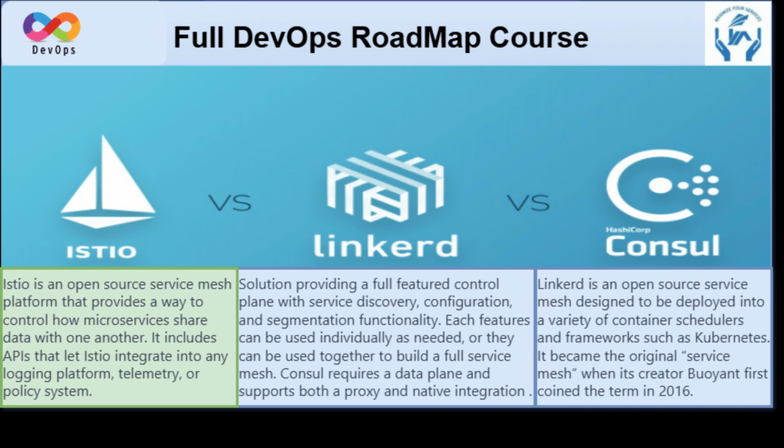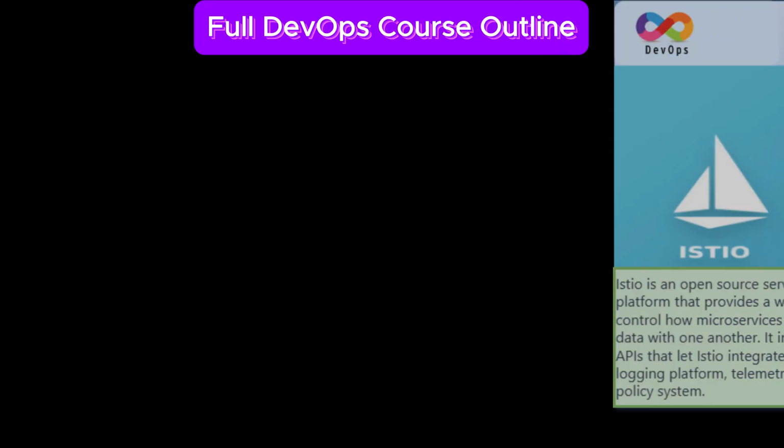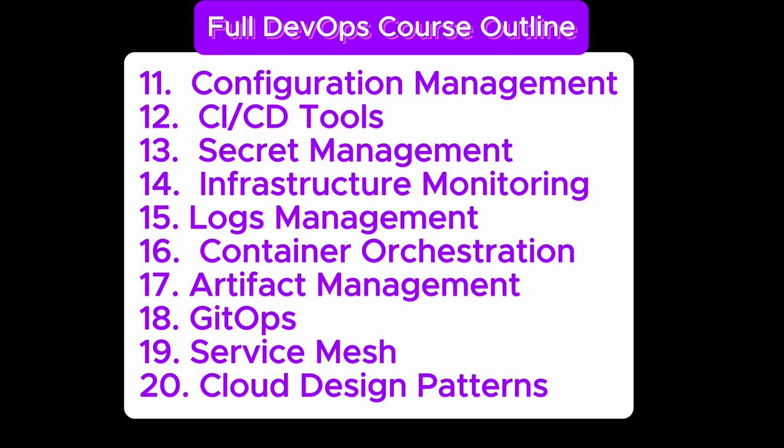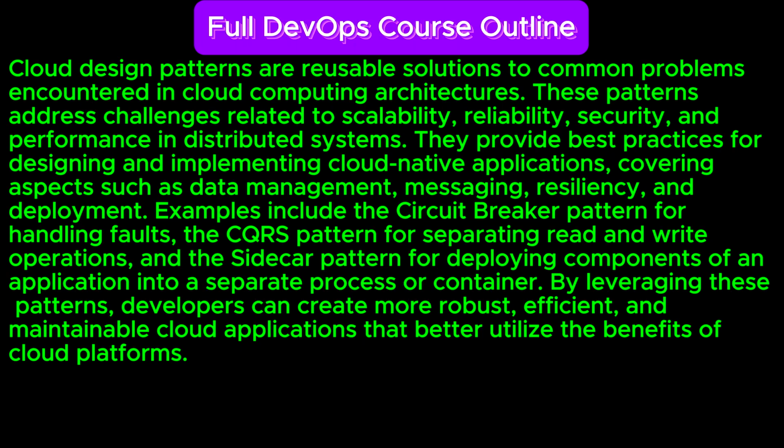It includes APIs that let Istio integrate into any logging platform, telemetry, or policy system. Then after service mesh, you must have knowledge about cloud design patterns, like availability, data management, how to make availability on cloud, how to manage the data, design and implementation, management and monitoring.